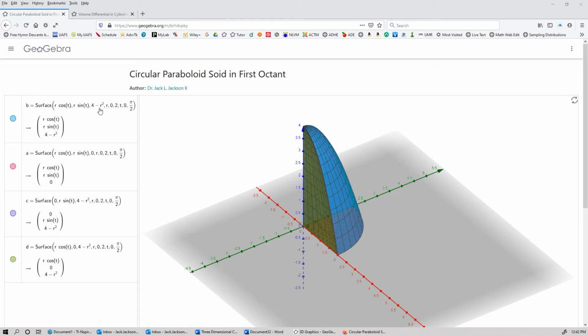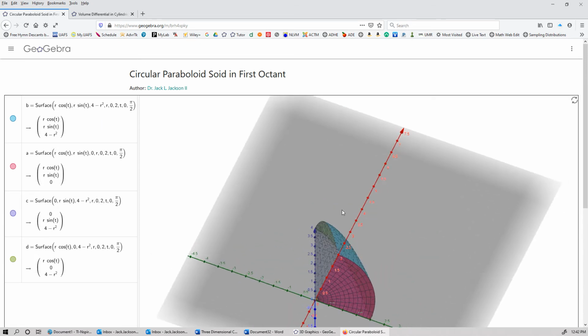And then the z was 4 minus r squared. Remember, our formula was 4 minus x squared minus y squared. That's 4 minus parentheses x squared plus y squared. X squared plus y squared is r squared. So I see that z is 4 minus r squared. Then I tell it my parameter r is going to run from 0 to 2.